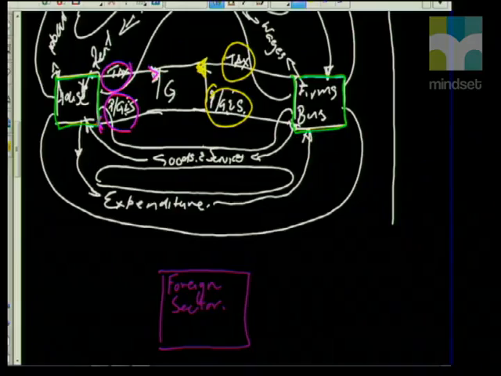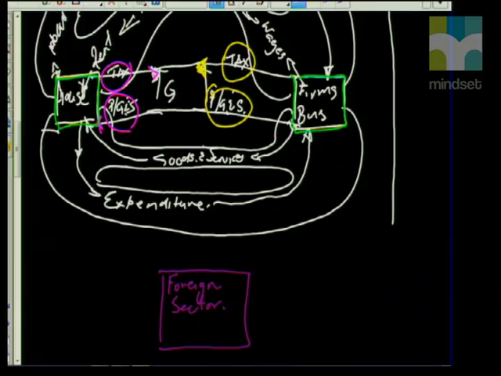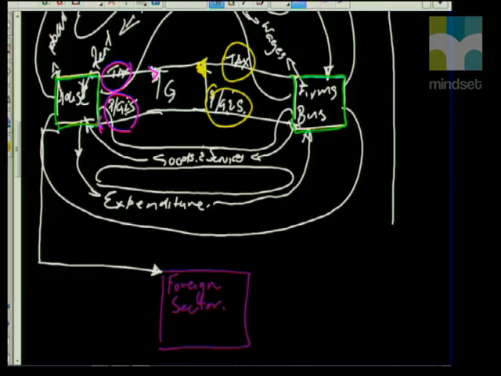It's simple. We have people as individuals, as households, who are purchasing, right? We are buying goods from other countries. What do we call it when we buy goods from other countries? We import goods. Importation, we import goods.